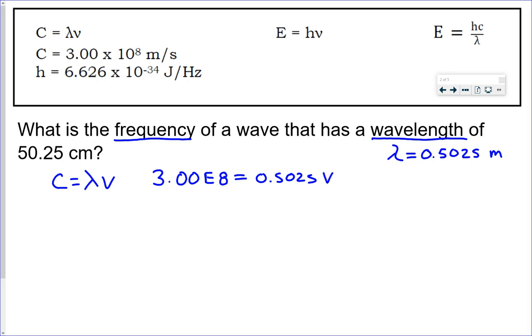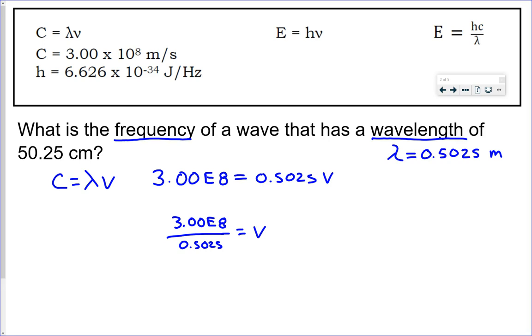We're going to solve this now for nu. And so we know that if we divide both sides by 0.5025, which would be 3.00E8 divided by 0.5025, then we will get nu by itself on the right-hand side of this equation.